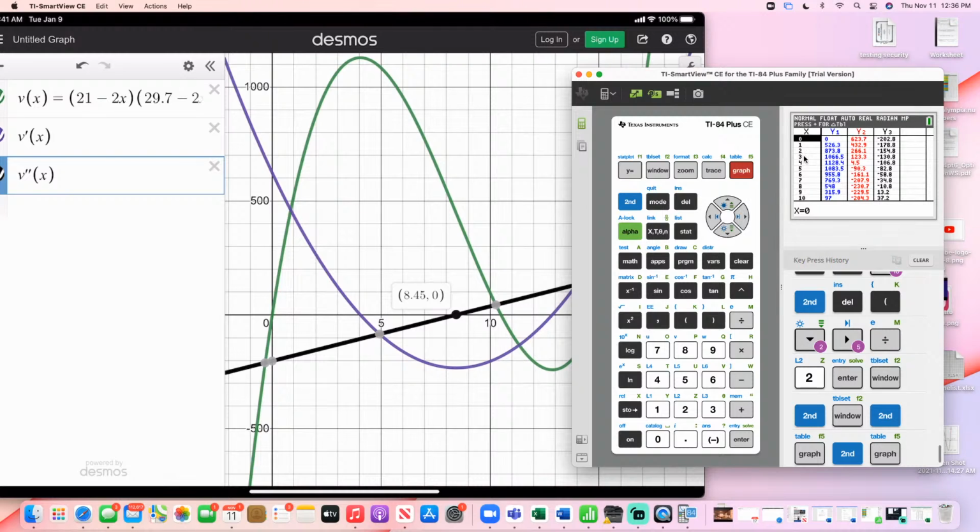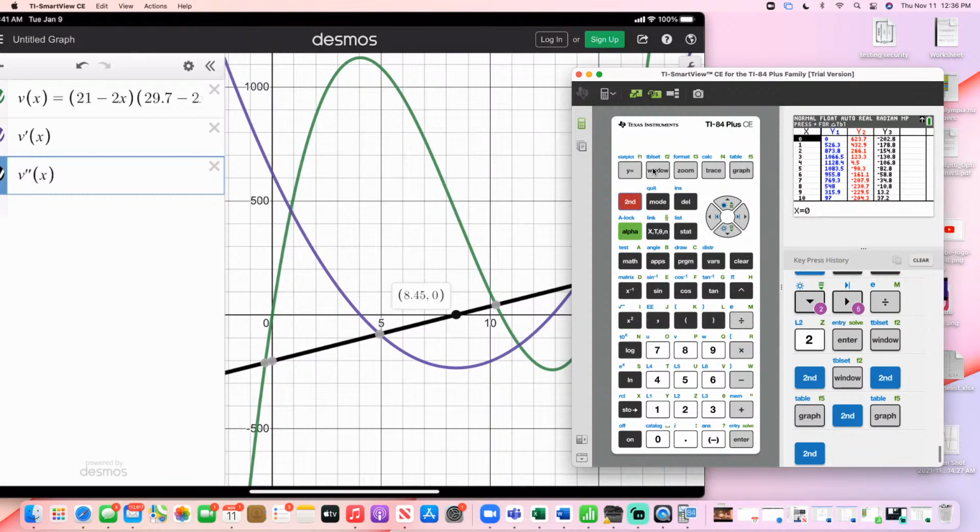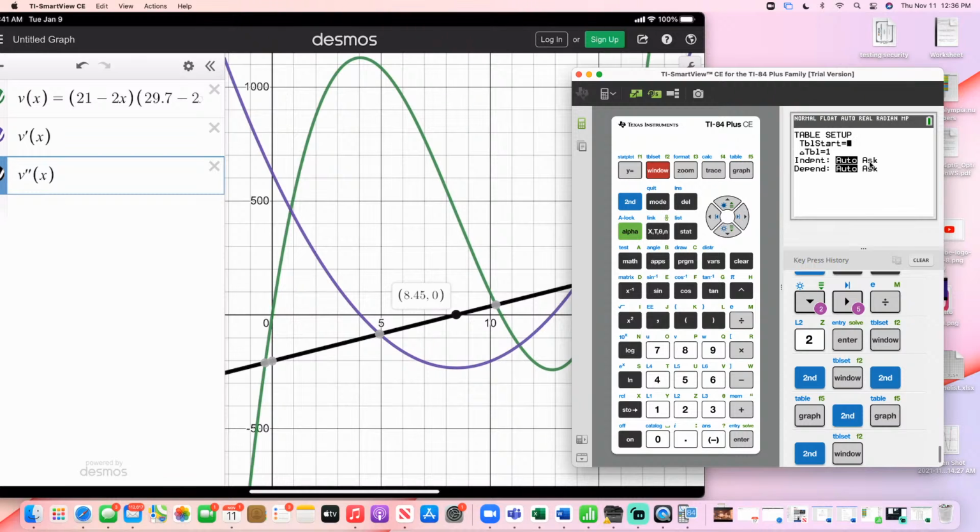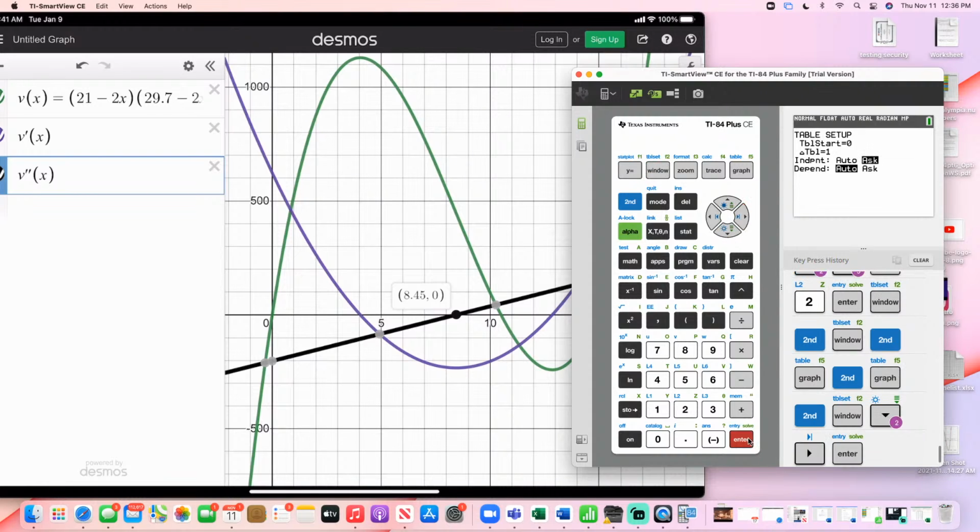And you say, Mr. Ye, I want to know 3.14. If I want 3.14, I'm going to go change the window. We're going to change the table set here. I'm going to change it from auto to ask. So if I change auto to ask, guess what? And go here, press enter.